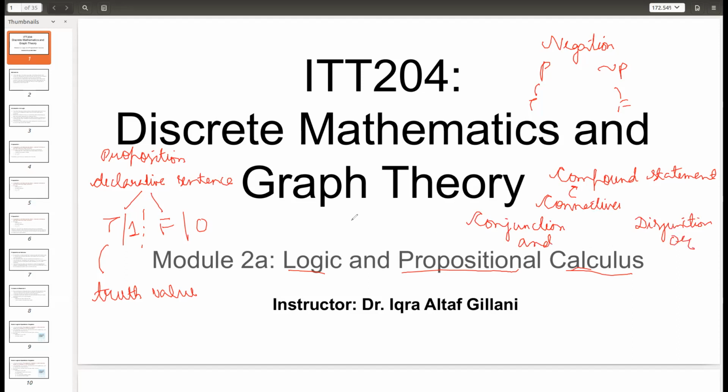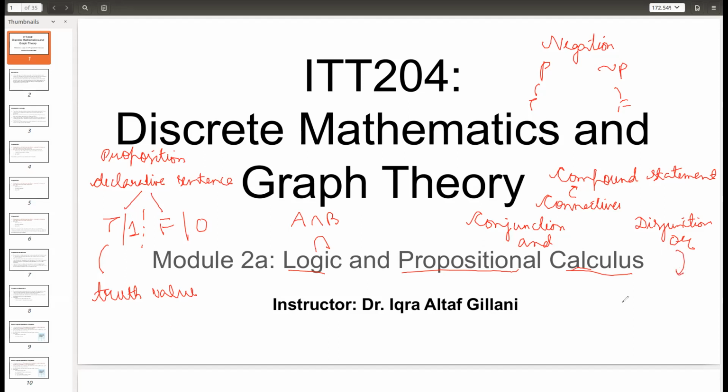So when we say A and B, it's very similar to the set operation intersection. What we mean is this value will be true only when both of them are true. If only one of them is true, it will not be true. Like in the set operation intersection, only those values are part of the intersection set which belong to both. If it's in only one of them, then it doesn't belong to the intersection.